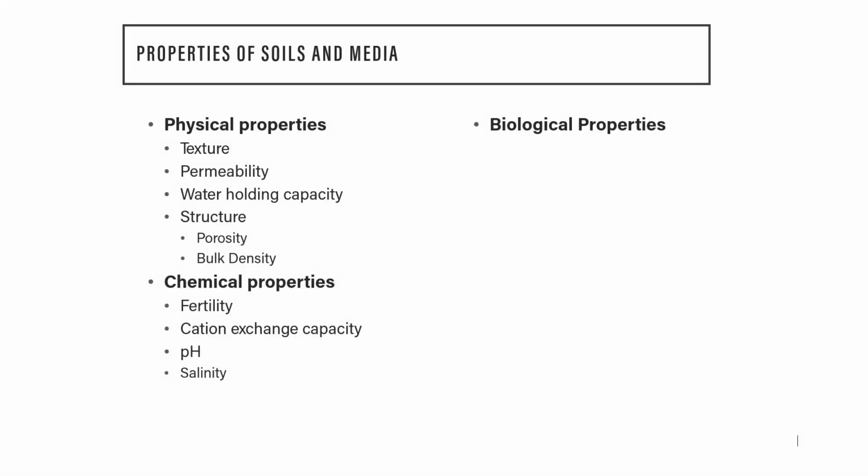Our chemical properties, we think about fertilizer, those types of things, cation exchange capacity. That's the ability for that soil to hold nutrients. Clay soils have really high cation exchange capacity, organic soils really high cation exchange capacity, whereas sandy soils have very low cation exchange capacity.